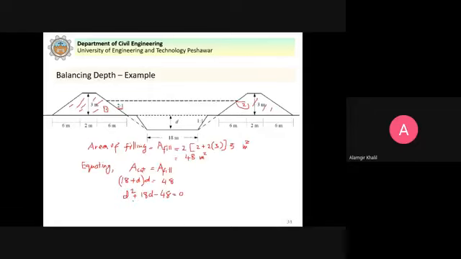You can see here that this is a quadratic equation. It will have two roots.